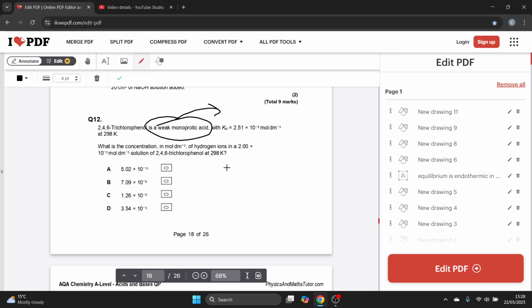So I'm going to have Ka equals concentration of H plus squared over 2.00 times 10 to the power minus 13.